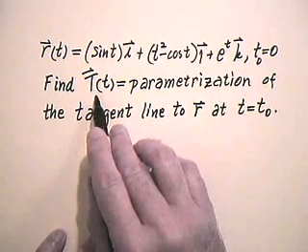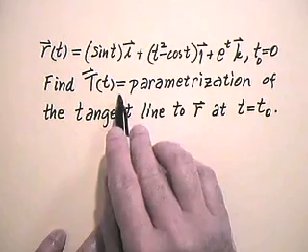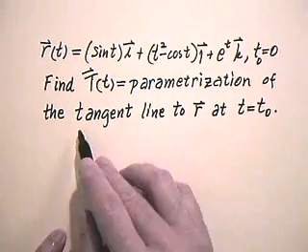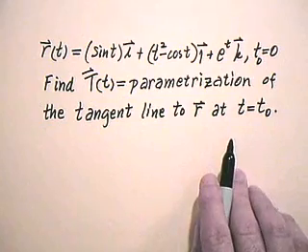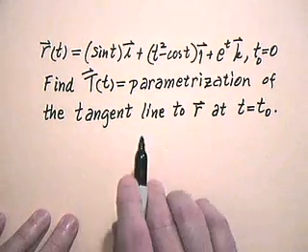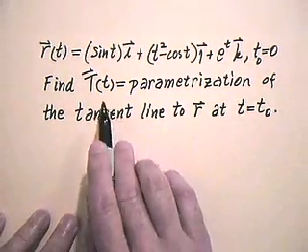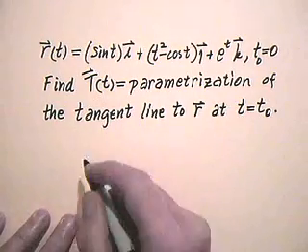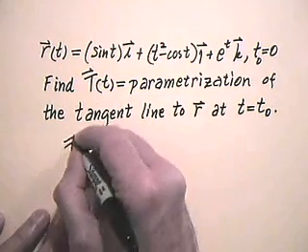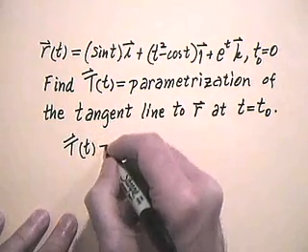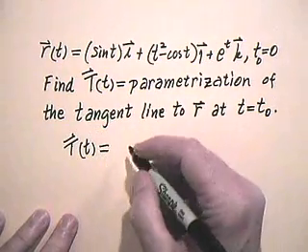Find capital T of t, which is equal to the parametrization of the tangent line to r at time t equals t naught. So remember, if we have a straight line, we can always have a parametrization T of t in this form. Here's what we're looking for.